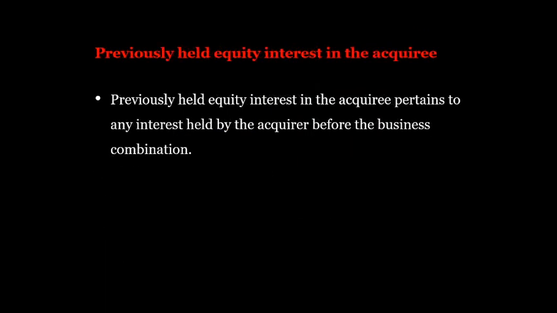Okay? What about previously held equity interest in the acquiree? Okay, this pertains to any interest held by the acquirer before the business combination. So kumbaga parang, hey, I'm going to pay you 9 million. Aside from that, I'm going to issue shares of stocks amounting to, let's say, 1 million.